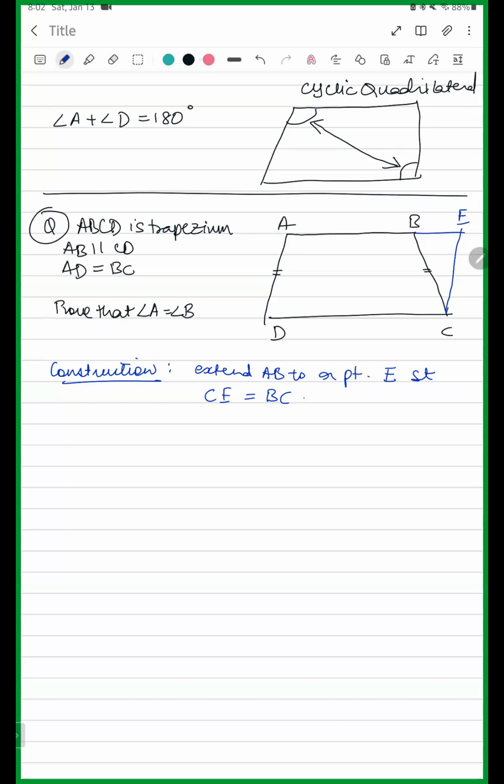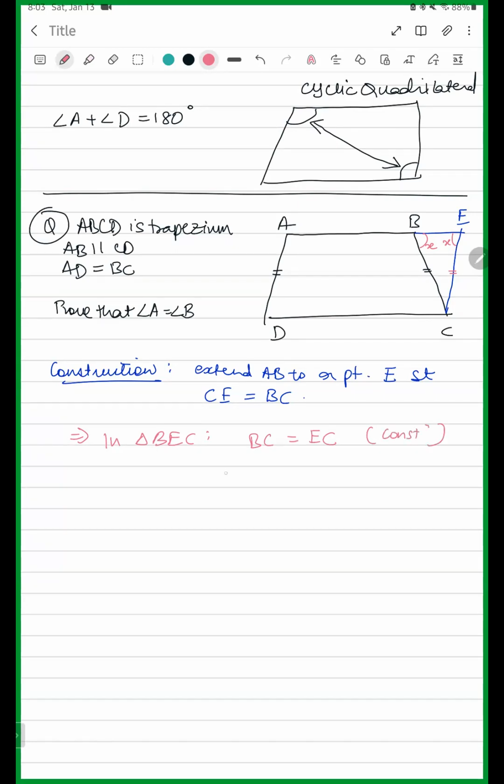Now, see, since these two sides are equal, that means if this angle is X, then this angle will also be X. That means in triangle BEC, BC is equal to EC from construction.